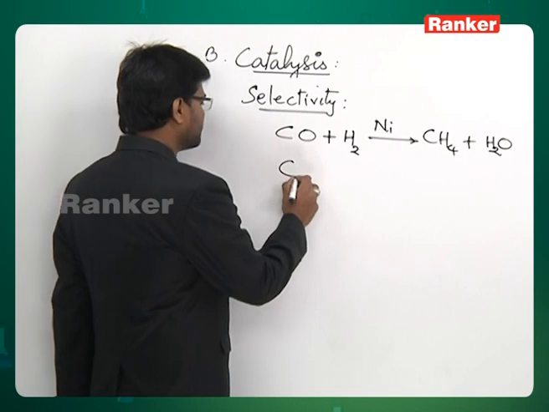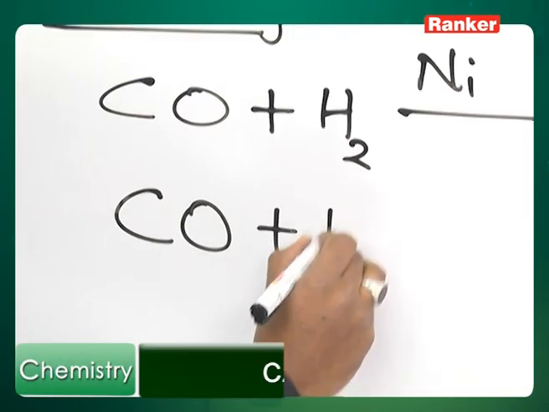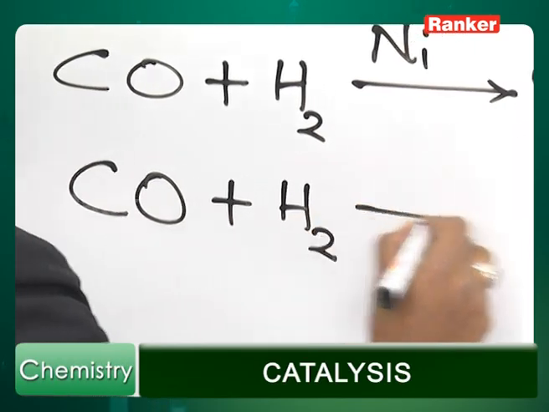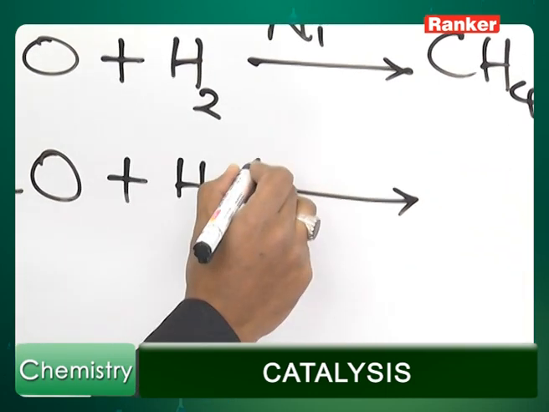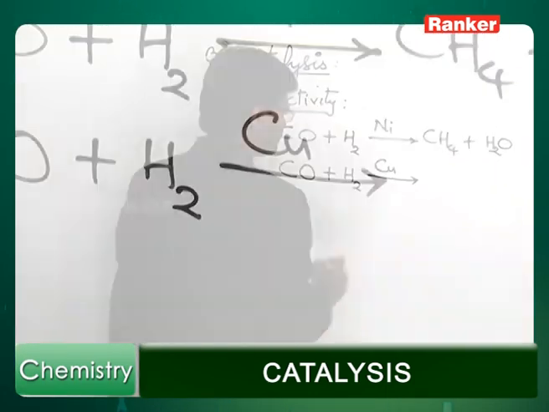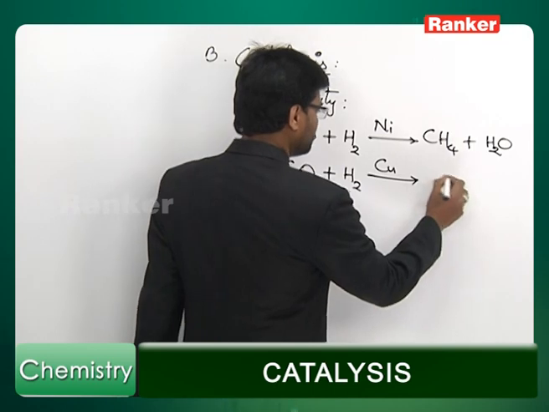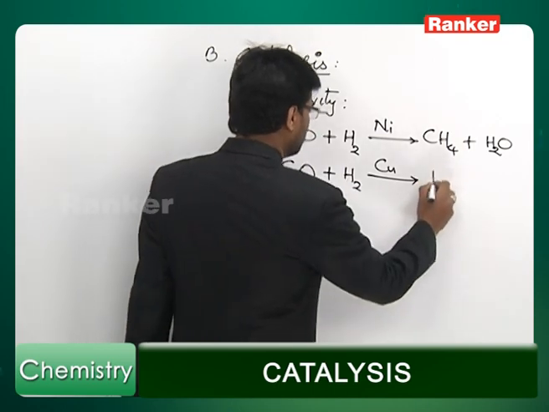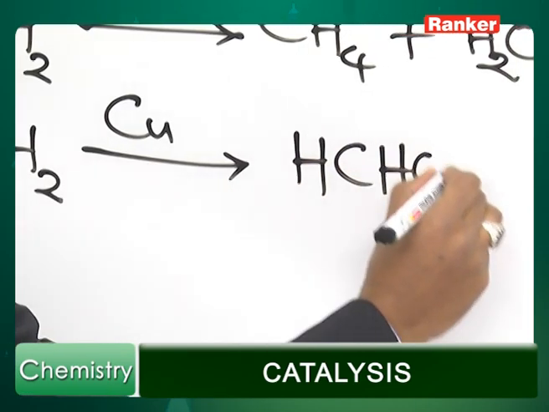Whereas the same substances, carbon monoxide and hydrogen, if you change the catalyst to copper, you get formaldehyde.